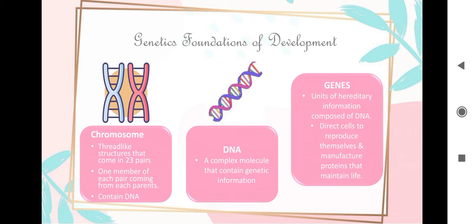For example, the father has straight hair. So the DNA carries the information of straight hair. If the father's skin color is dark, for example, then inside the DNA there will be information of dark skin color. And if the mother has fair skin color, then that information is inside the DNA too.